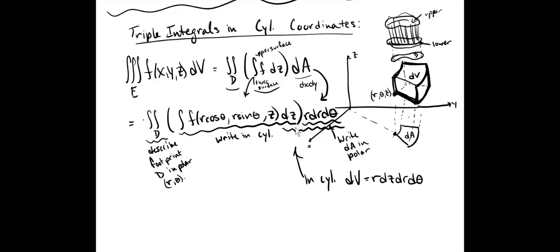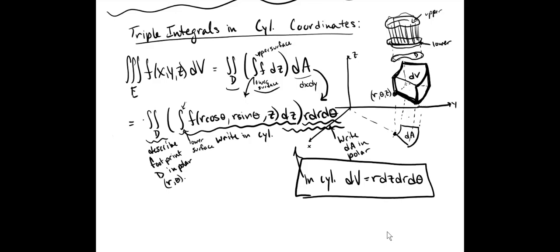Right? So dV always equals this in cylindrical. We can kind of see that just from the way we picked it apart. So that's all we're going to have to do. Let me make this note too. Here, lower surface. Here, upper surface.